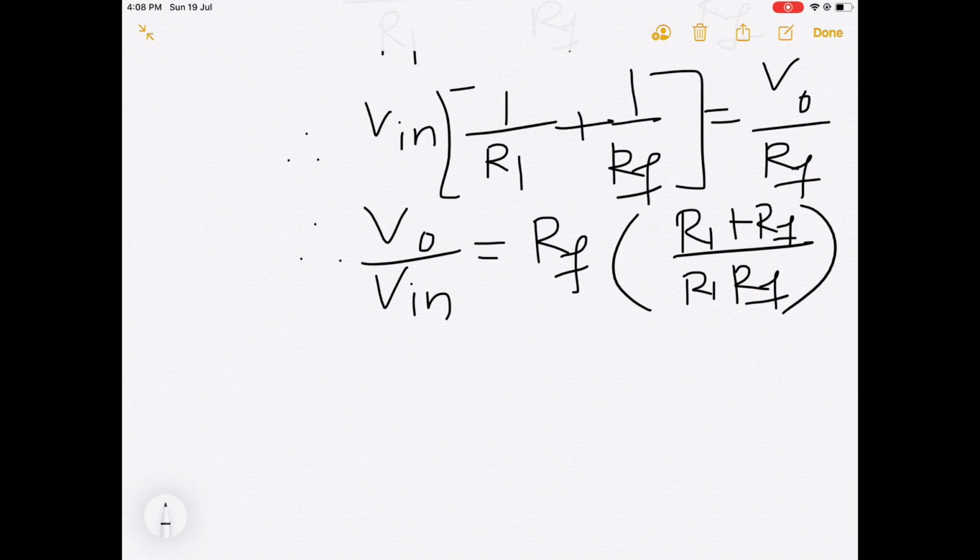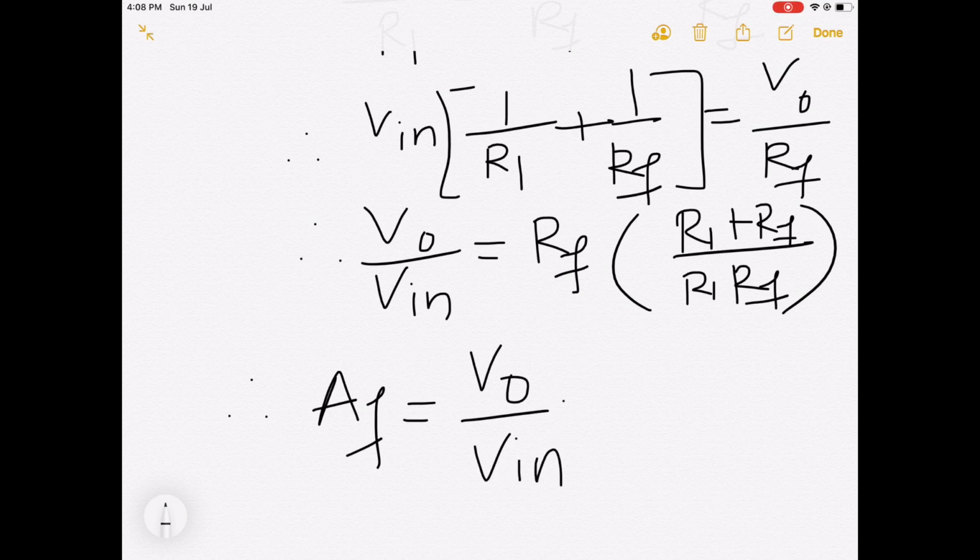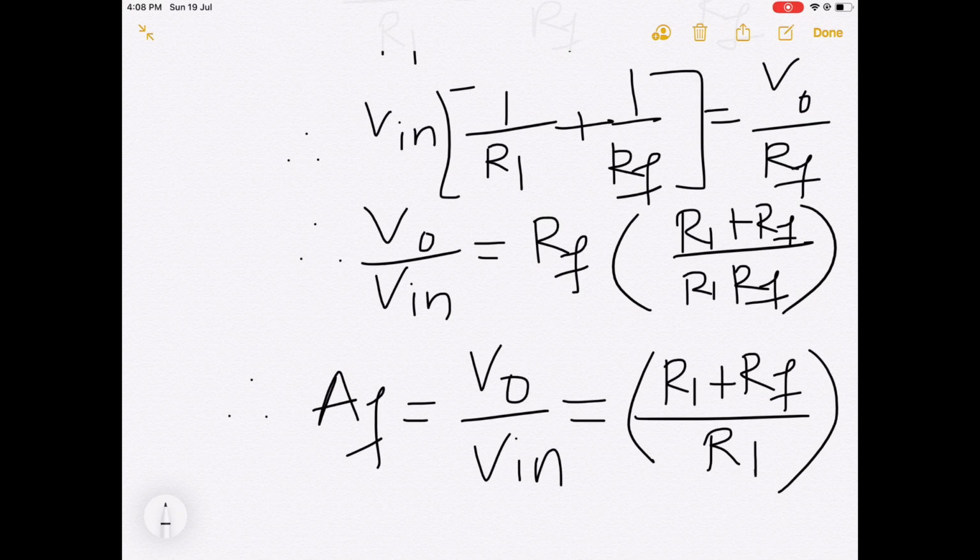So, VO by Vin is the gain with the feedback. Therefore, AF is equal to VO by Vin, which is equal to R1 plus RF divided by R1. So, here RF gets cancelled, that is why only R1 plus RF by R1.